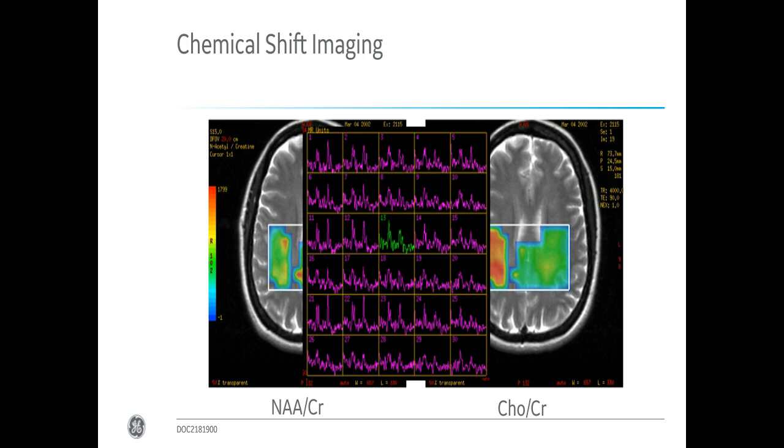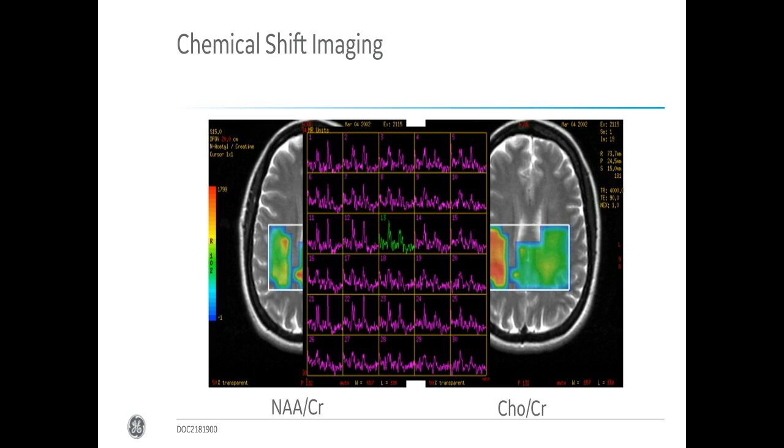So a way around having these partial volume effects is using chemical shift imaging. Also in spectroscopy, you can acquire data where you get spectroscopic information over a larger region, and we call that chemical shift imaging or spectroscopic imaging.